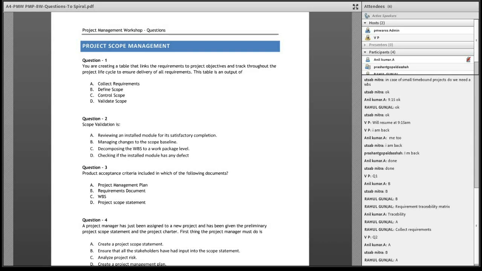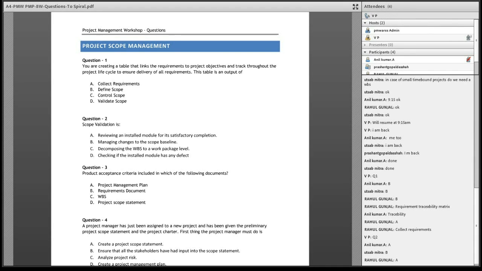A, B, A. Okay, scope validation is reviewing an installed module for its satisfactory completion, and the second is managing changes to the scope baseline. See, scope validation is not managing changes.